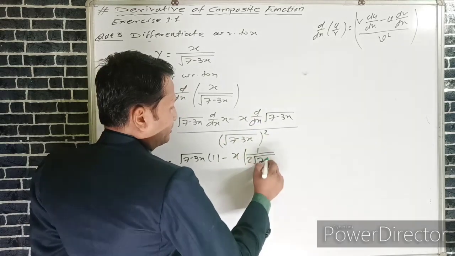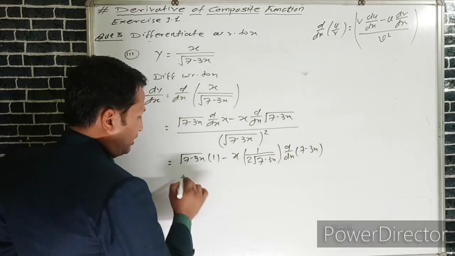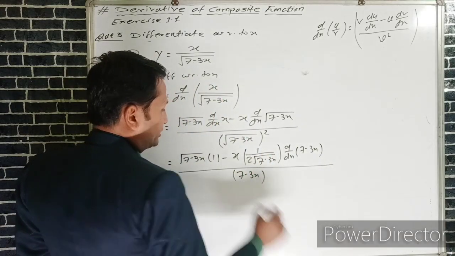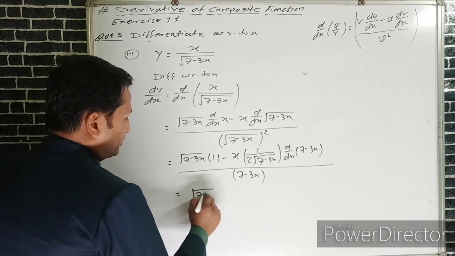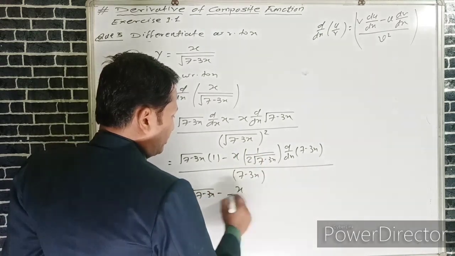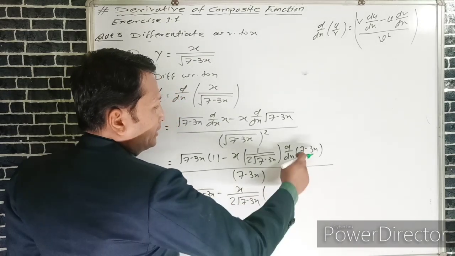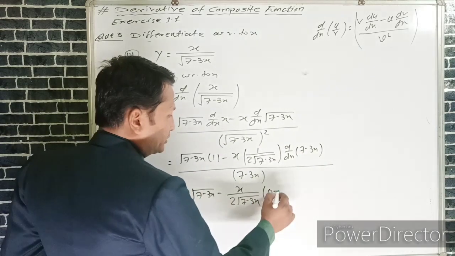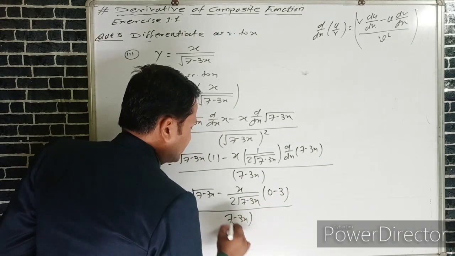Here x is replaced by 7 minus 3x, hence we take again a derivative of 7 minus 3x upon square, and the square root is cancelled, hence we can write it 7 minus 3x. Under root of 7 minus 3x into 1 under root of 7 minus 3x, minus x into 1 is x upon 2 under root of 7 minus 3x into the derivative of 7, which is a constant function, and the derivative of minus 3x, minus 3, is constant, and the derivative of x is 1, upon 7 minus 3x as it is.